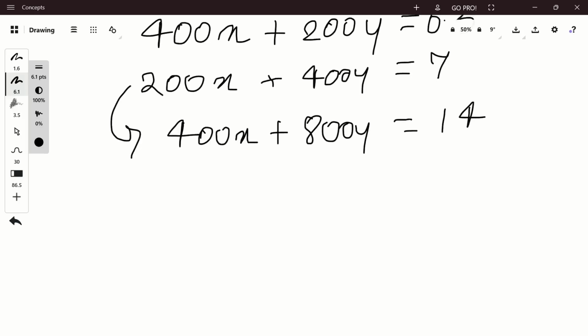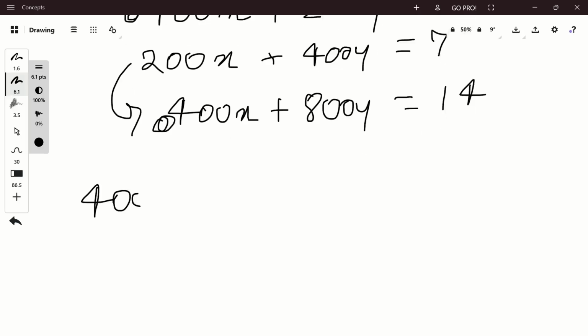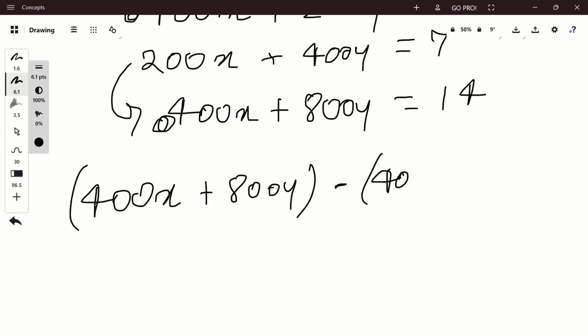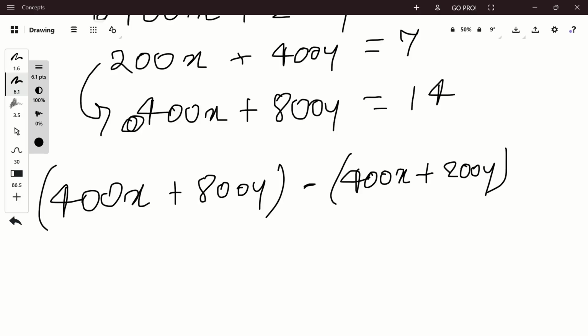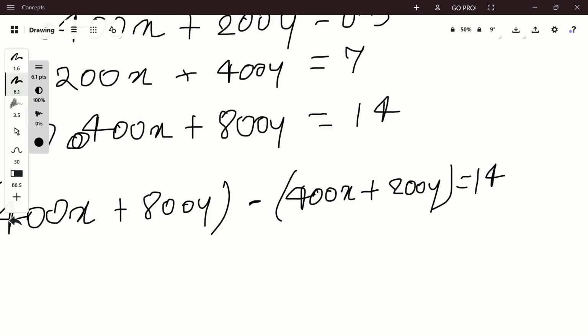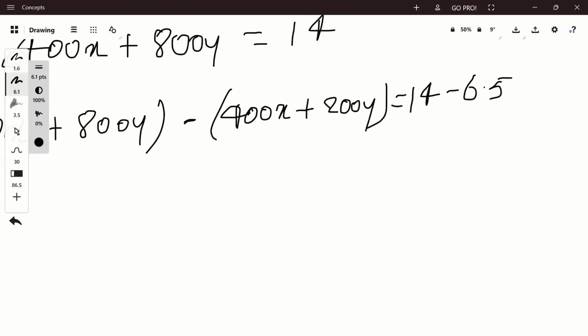Now subtracting equation 1 from equation 3, we have 400x plus 800y minus 400x plus 200y equal to 14 minus 6.5. That is 600y is equal to 7.5.